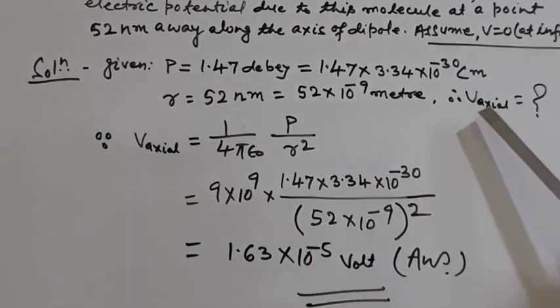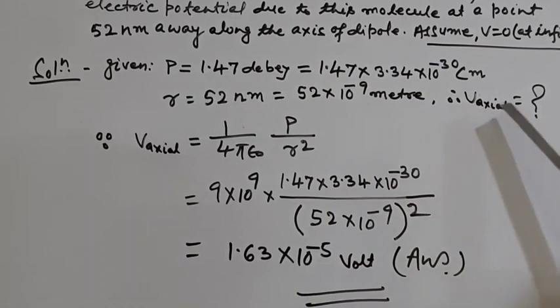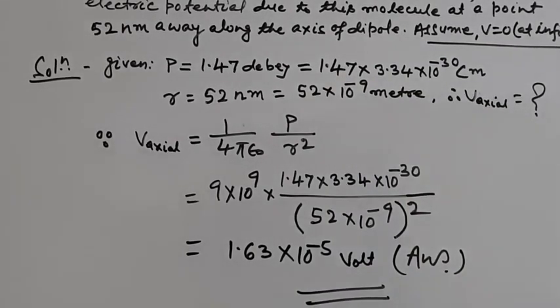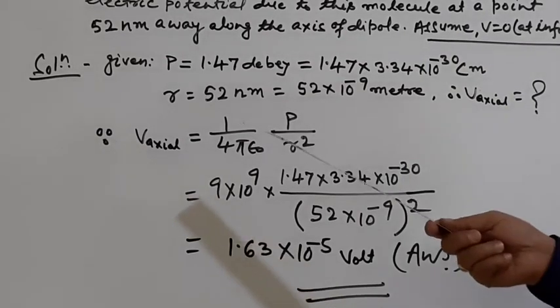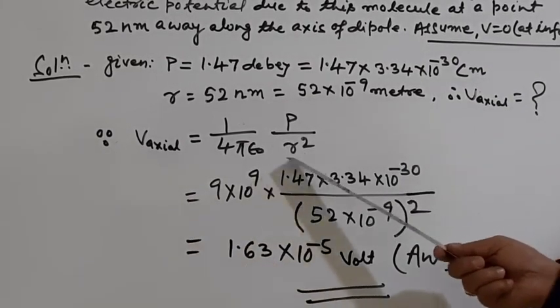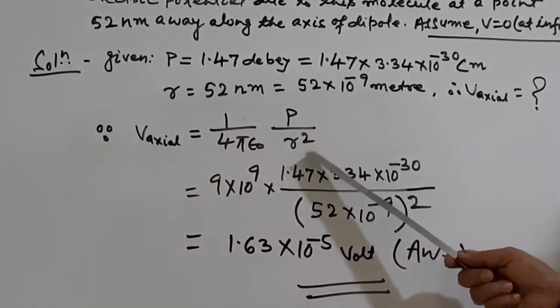Then the question is the potential on the axial line of the dipole, so V axial is equal to what? Students, we have derived in the theory part that the potential on the axial line for a short dipole is V equal to 1 by 4 pi epsilon naught times P by R square.